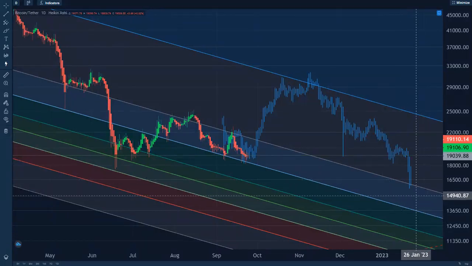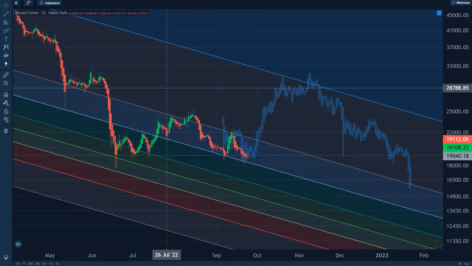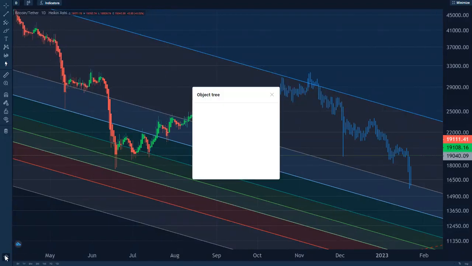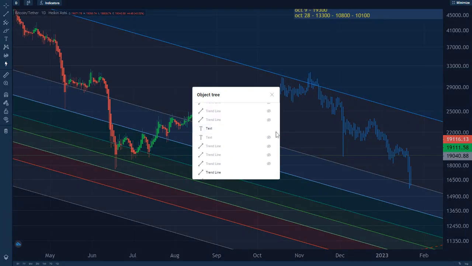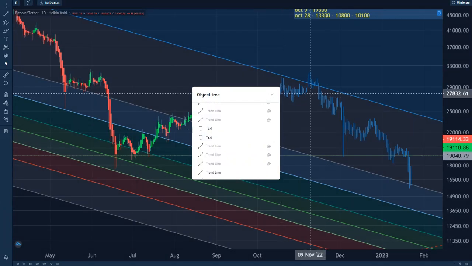I didn't run this model out, but you can certainly take a look at my object tree here. I've been certainly laying out the potential for these things to unfold here, and the likelihood that they could.